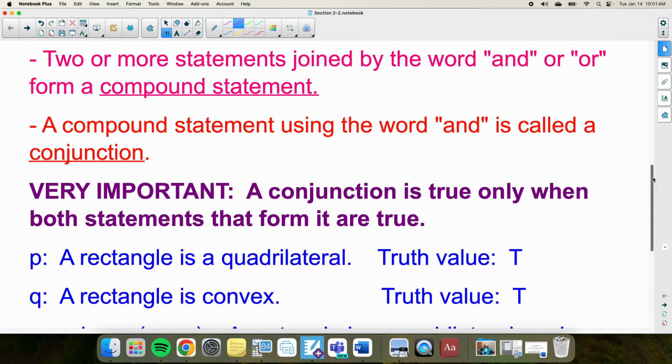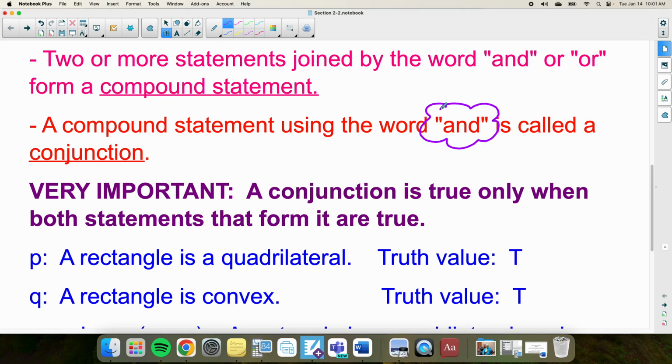Now, there are 2 different compound statements that we're going to learn today. The first one is when you have a statement that is combined with the word and, okay? So what happens is they're going to give you 2 statements. You're going to write it out together and connect it with the word and, okay? So if they told you P was a rectangle is a quadrilateral and Q was a rectangle is convex, what you're not going to like is you have to actually write that out.